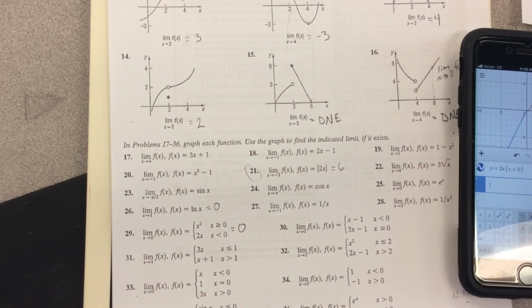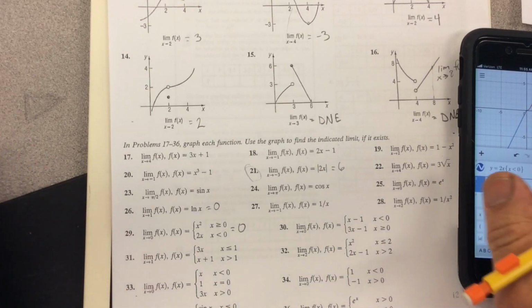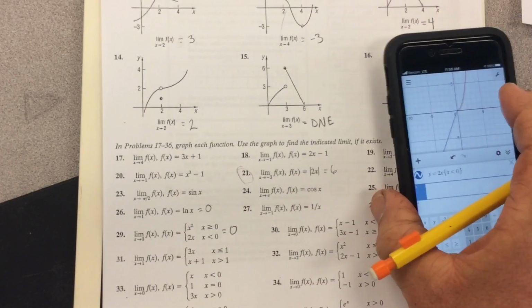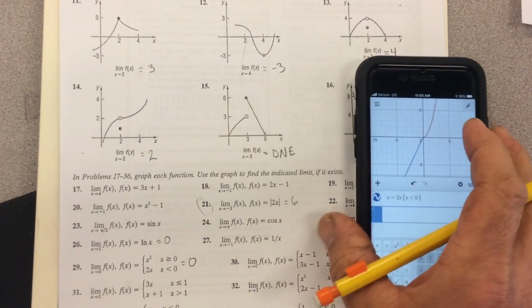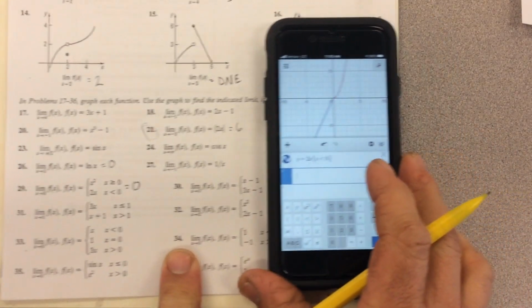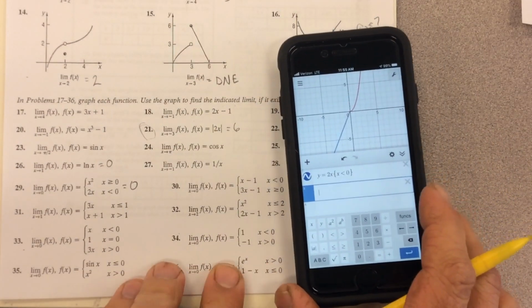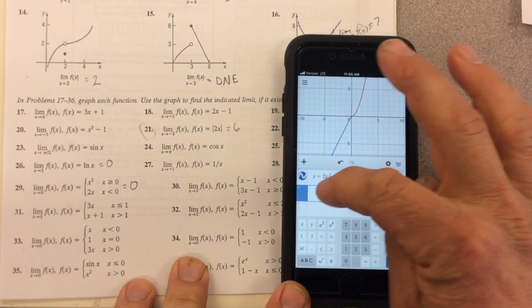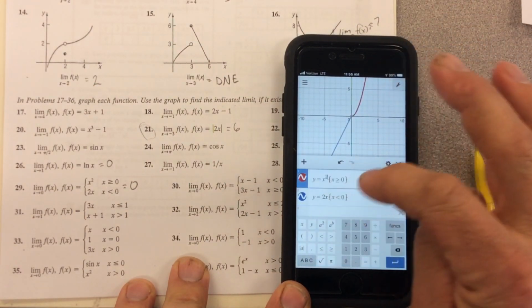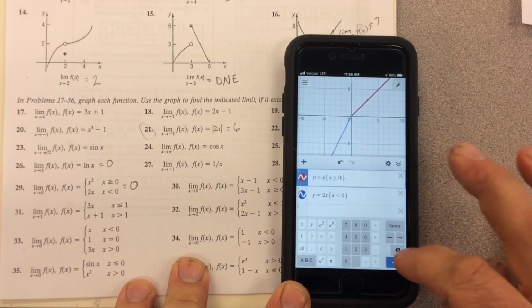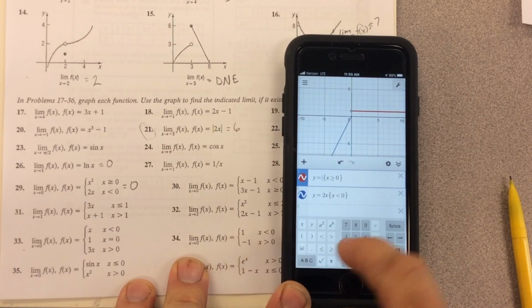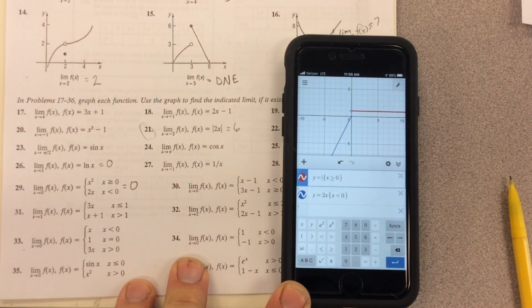Okay. Let's try to find one that maybe doesn't have a limit. I'm not sure here. This is kind of a funky one. I'm going to try number 34 on my graphing calculator. All right, so let's go back up here. This one wants f of x equals 1, so I'll just type in a 1.